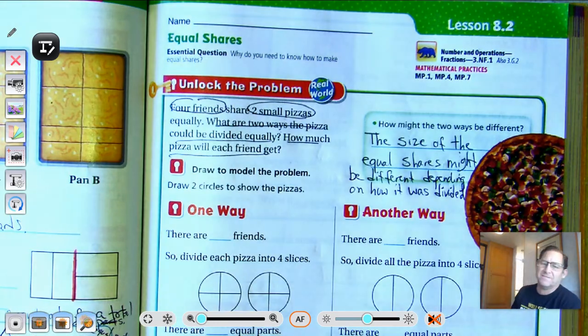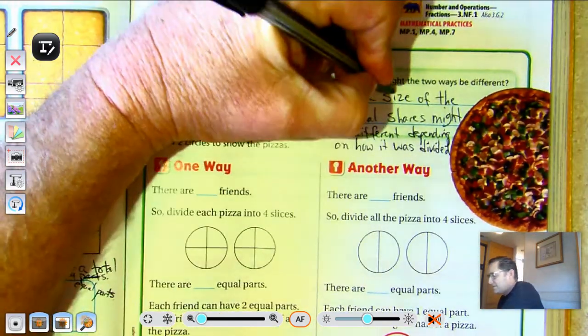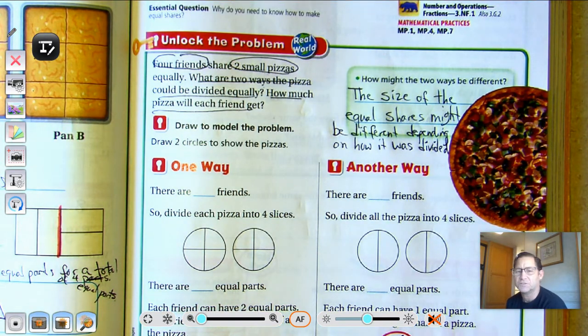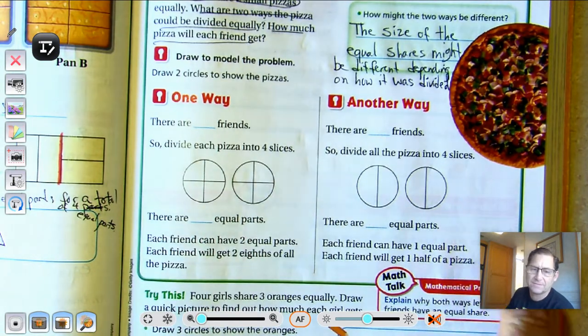So depending on how it's divided, like how many pieces I divide each of the pizzas in, it would affect the size of the equal shares that I'm getting. So let's look at it. So they're showing us 2 different ways, okay?